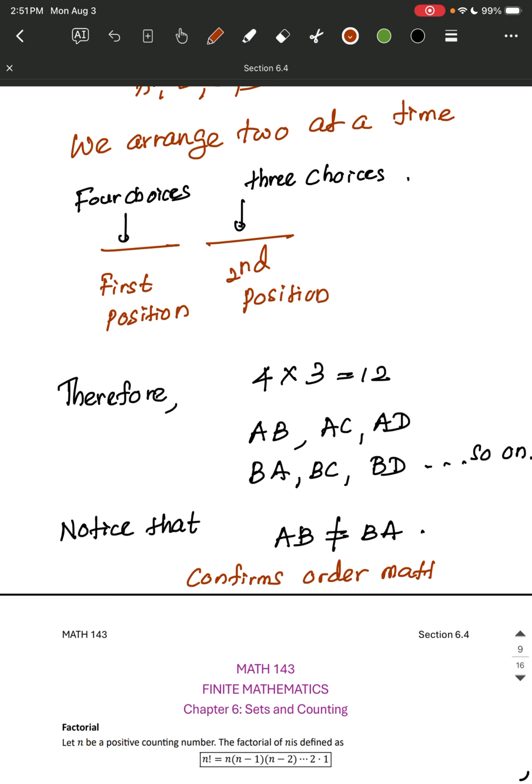Right? Okay. Let's go for one more example. There are 6 runners in a race. How many ways can first, second, and third place be awarded?